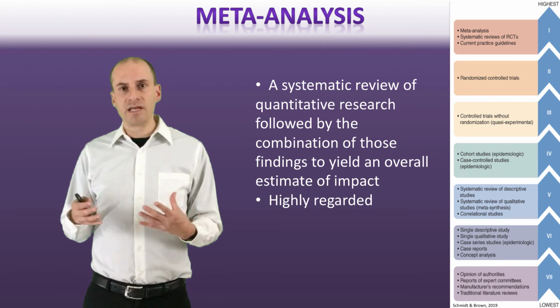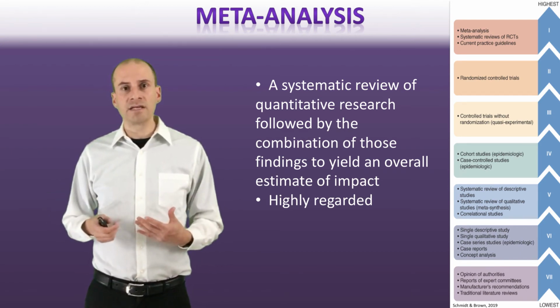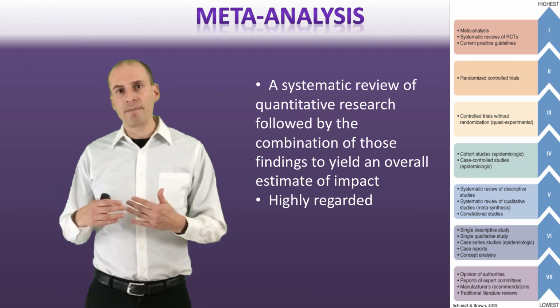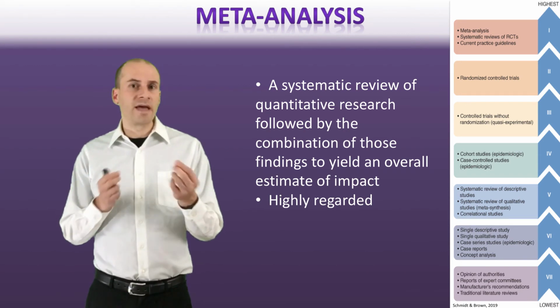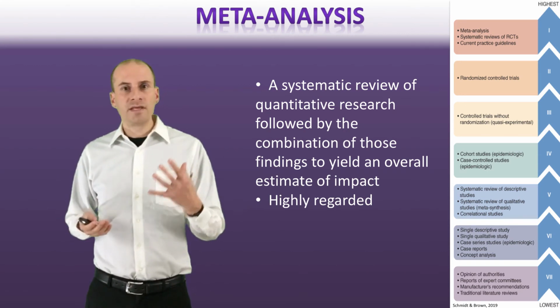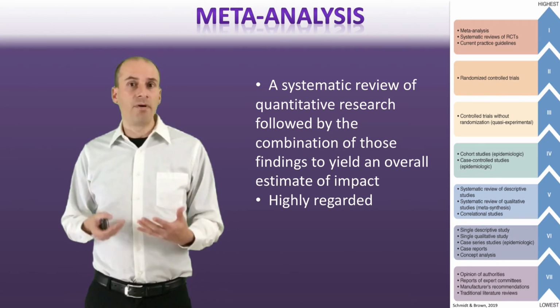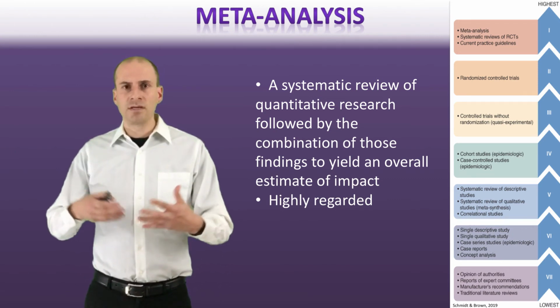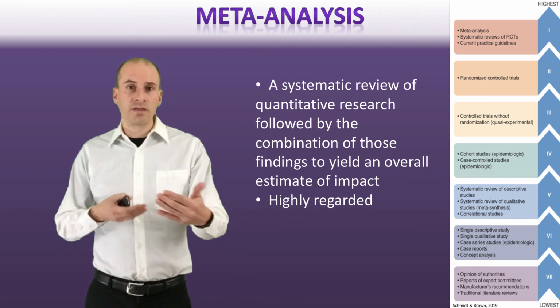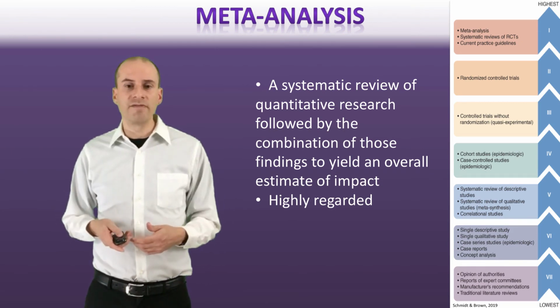Because of the methodology they use to calculate this, and because they're combining multiple papers as opposed to looking at individual studies, this is a very highly regarded type of publication. It's typically seen as the top of that ranking in terms of evidence.